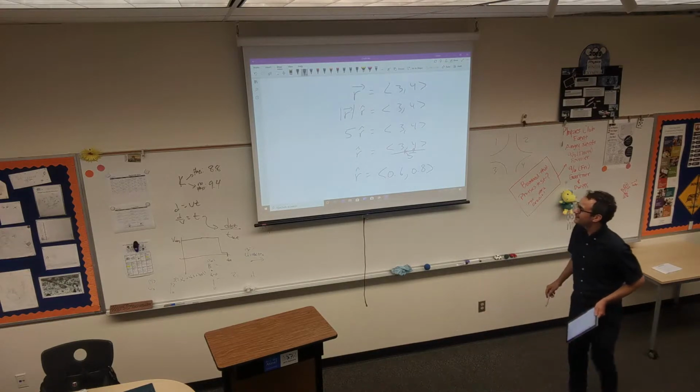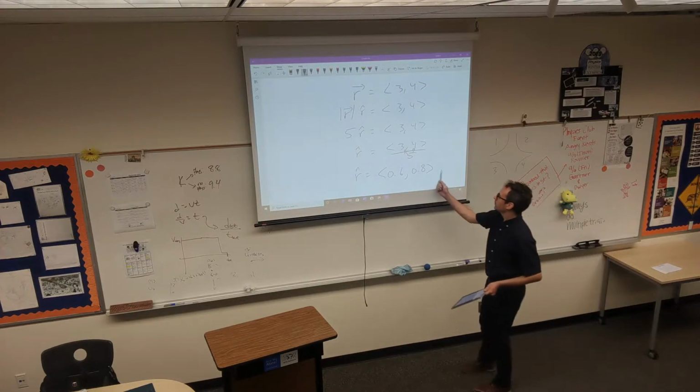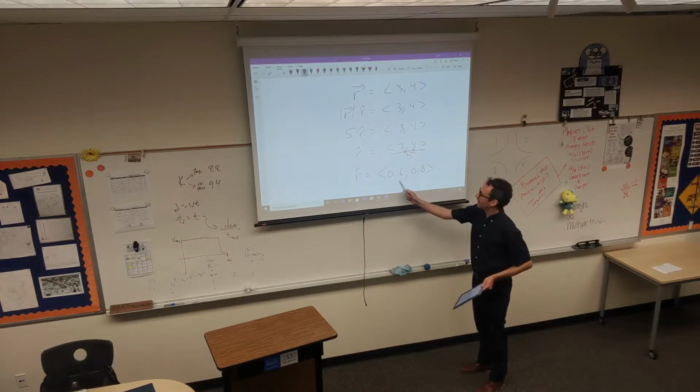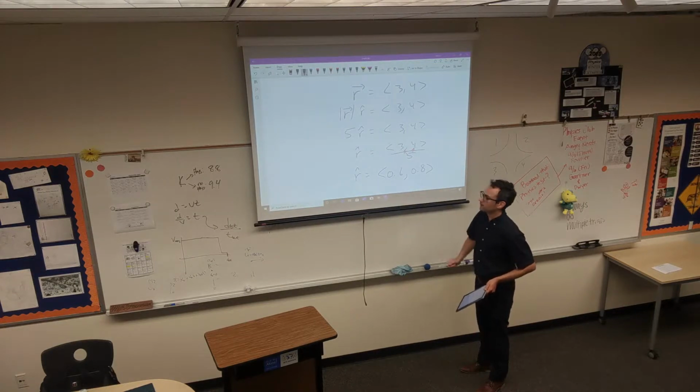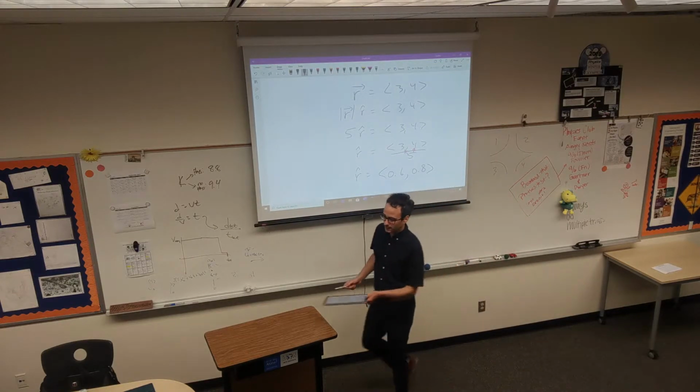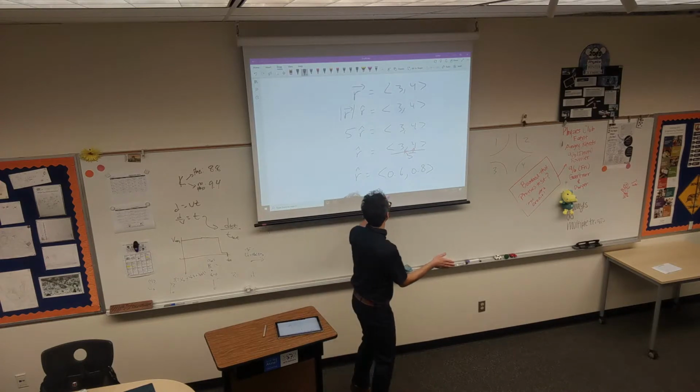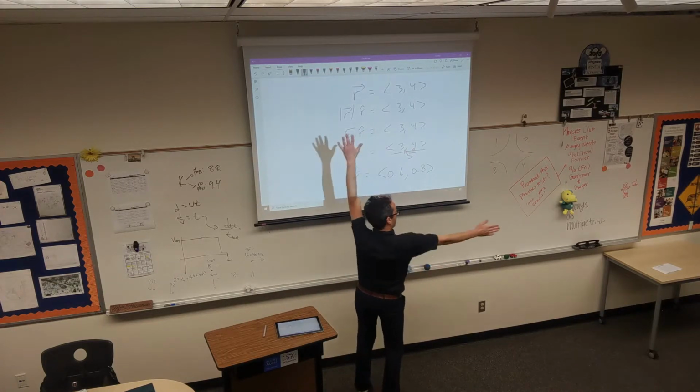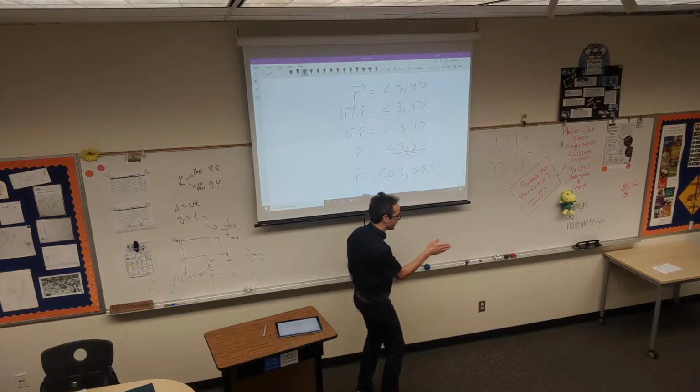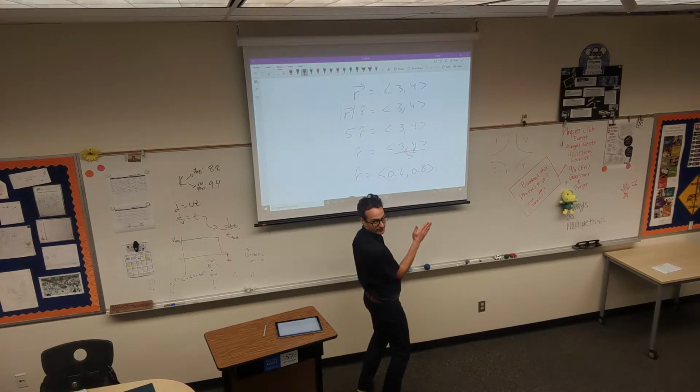So r hat is a vector, no units, that is equal to 0.6, 0.8. So it's pointing somewhere in space, so let's say this is my axis right here. It's pointing 0.6 this way and 0.8 that way, so it points like this.